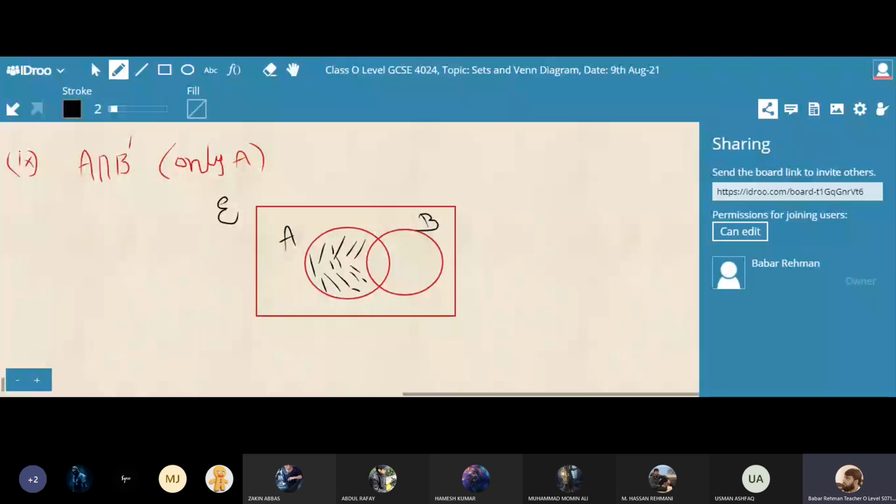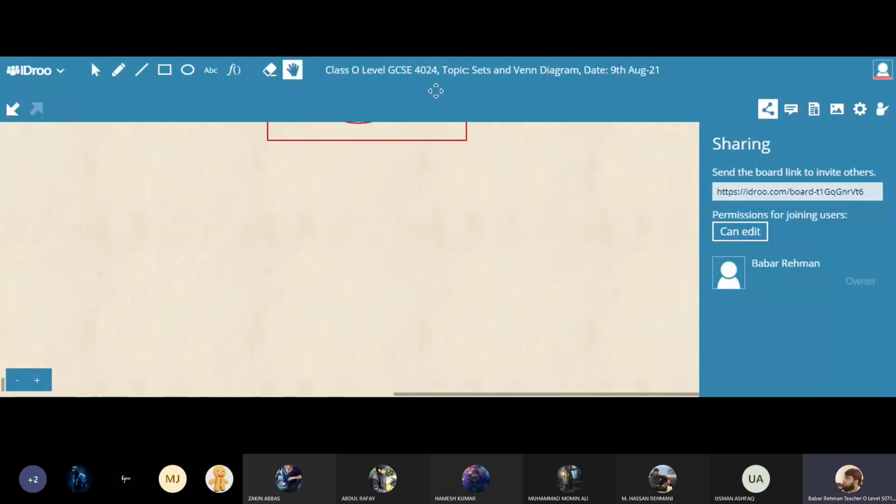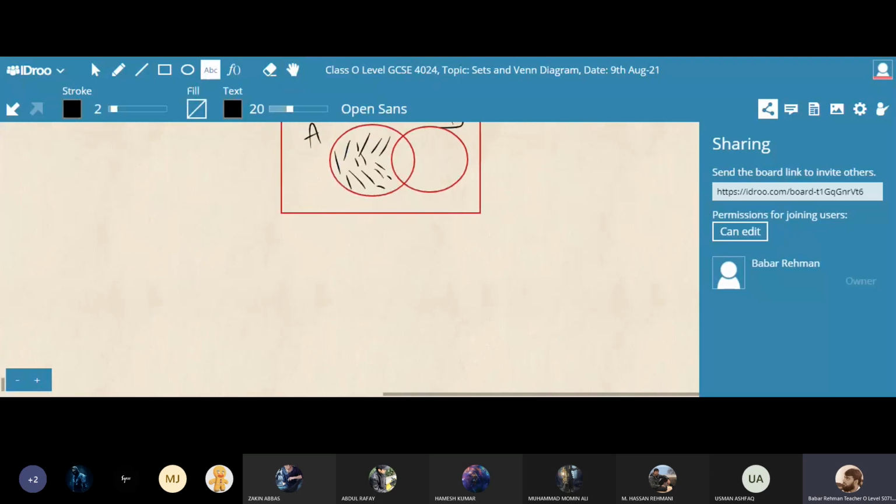Now, students, there is a class activity. I'm giving you one question. You have to draw, identify and shade. This is exercise 10C, question number 10. Look at this. I'm writing the question for you.